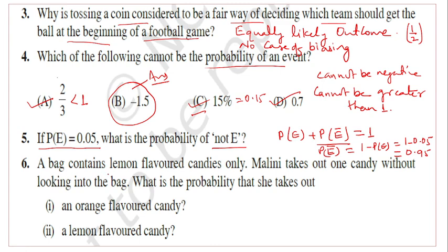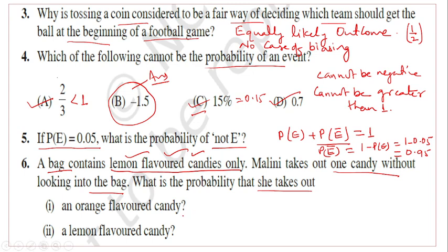Okay, a bag contains lemon flavored candies only. Malini takes out one candy without looking into the bag. It is given clearly that the bag contains only lemon flavored candies and no other flavored candies are available. What is the probability that she takes out an orange flavored candy?